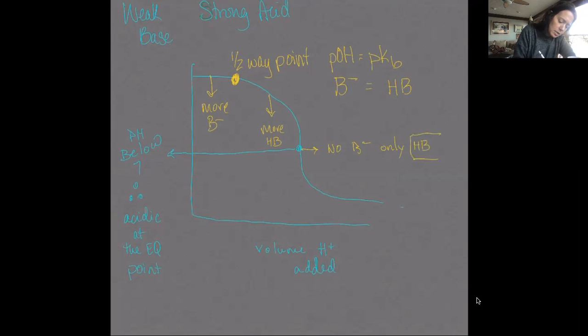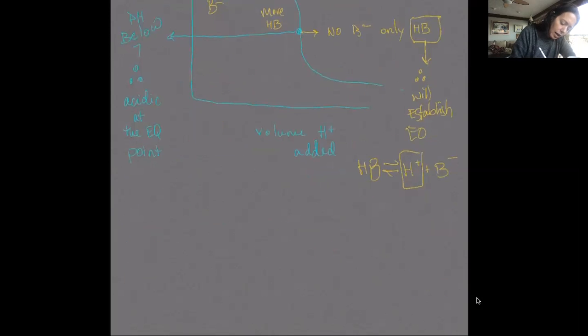The presence there will establish equilibrium. As such, producing hydrogen ions, and the pH will be less than 7.